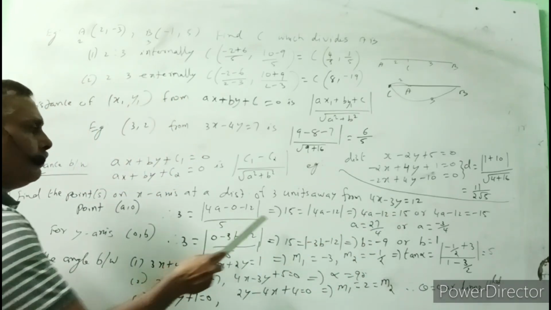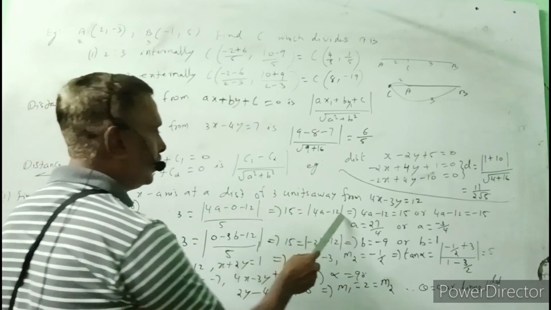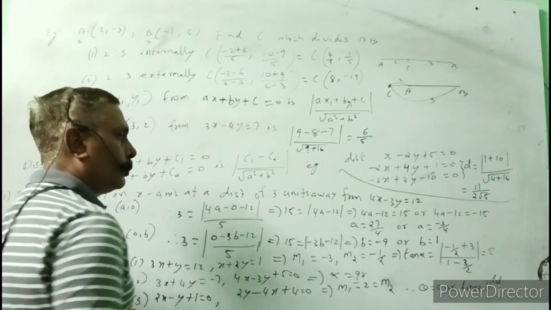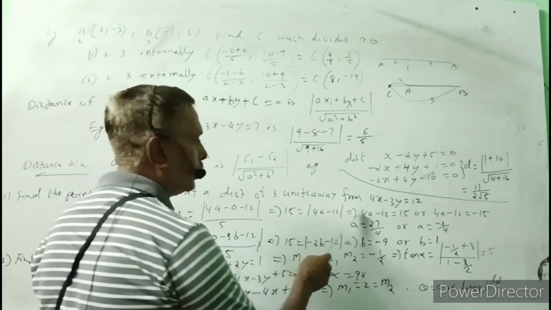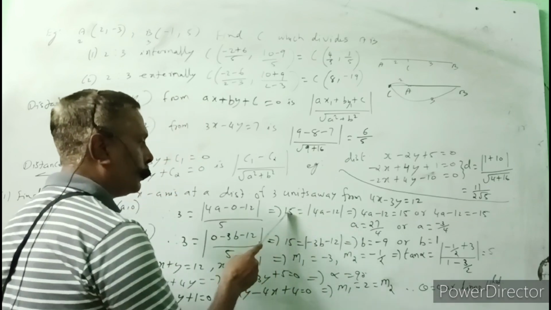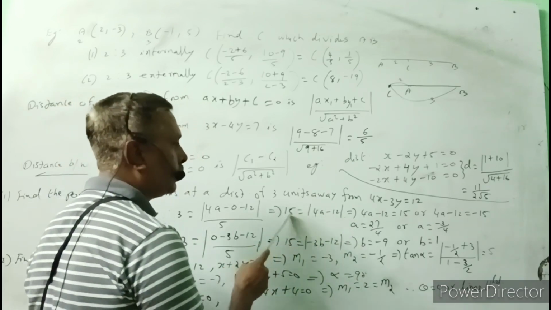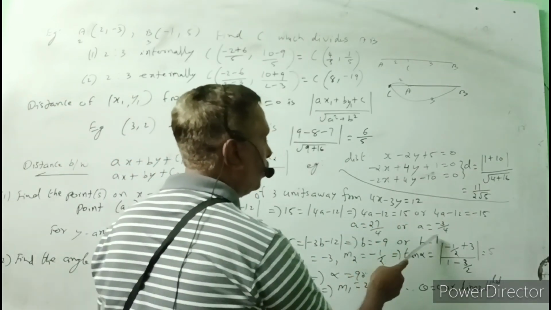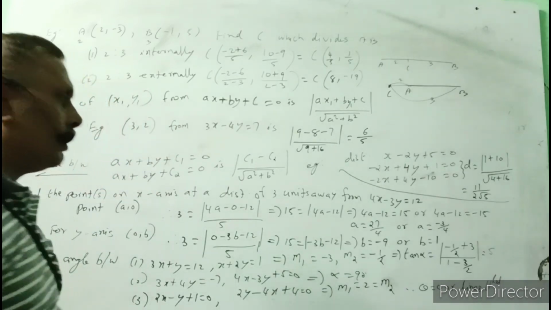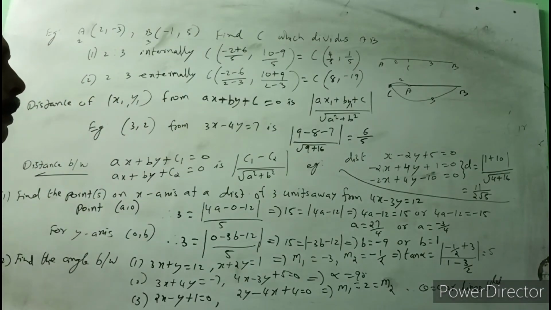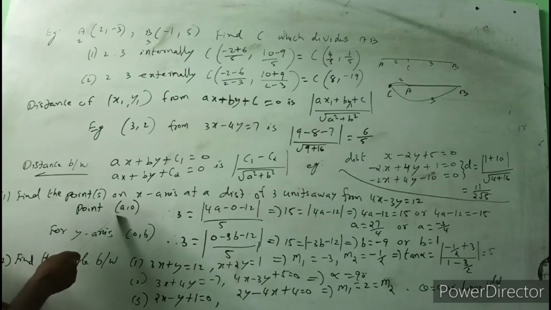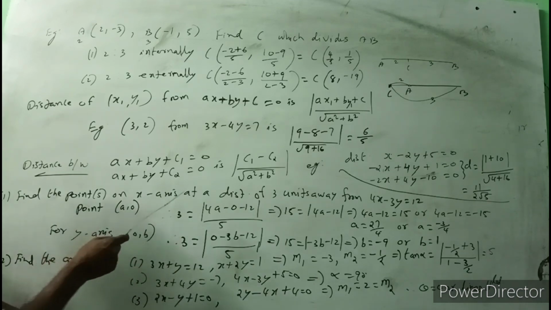So it is coming as 5. Cross multiply, 15 is equal to modulus 4a minus 12. When you are removing modulus, two possibilities, either 4a minus 12 equal to 15 or 4a minus 12 equal to minus 15. Two values are possible, a equal to 27 by 4 or a is equal to minus 3 upon 4. So the points are 27 by 4 comma 0 or minus 3 by 4 comma 0.